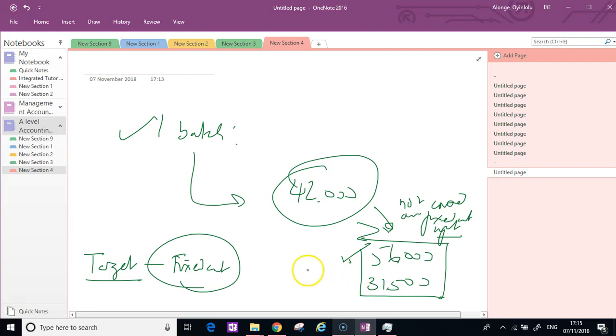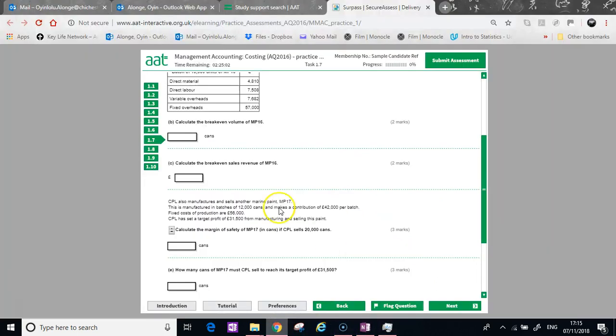Because in this scenario, we could have found this maybe differently. Technically, let's look at how many units. We can probably work out what the contribution is. It says £42,000 per batch, right?